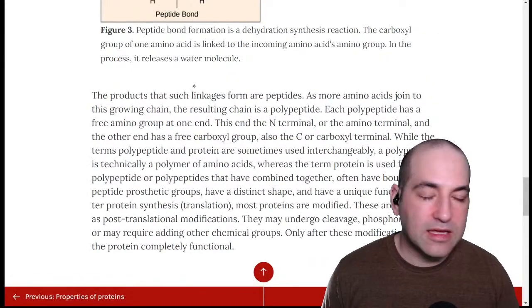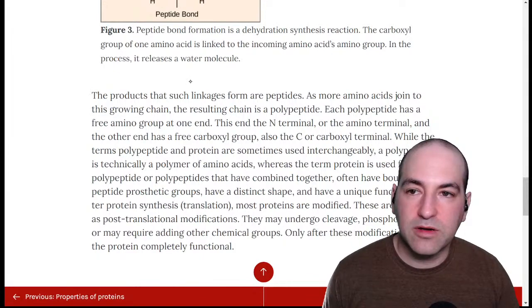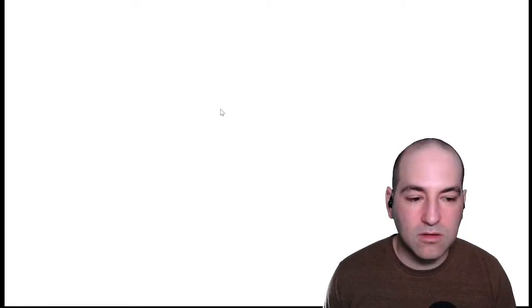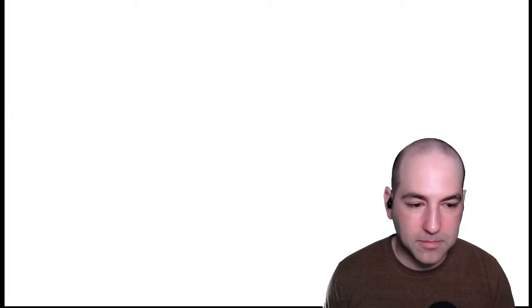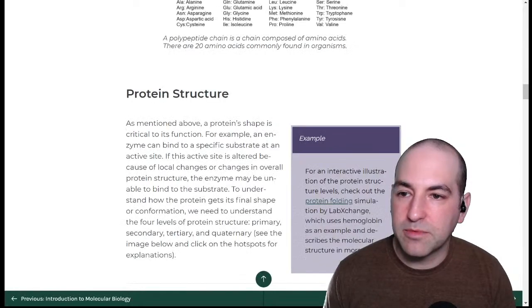Okay. So that link that they're going to do here is called the primary structure. And we can see what that looks like here. While that's loading, I'm just going to pull up this other one.